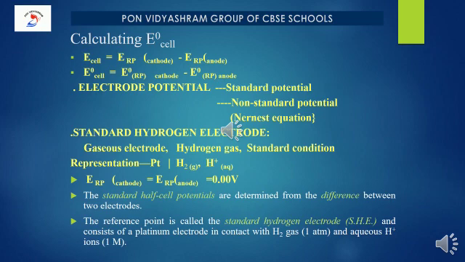Now, the reference point is called the standard hydrogen electrode and consists of platinum electrode in contact with hydrogen gas and aqueous solution, that is 1 molar solution.